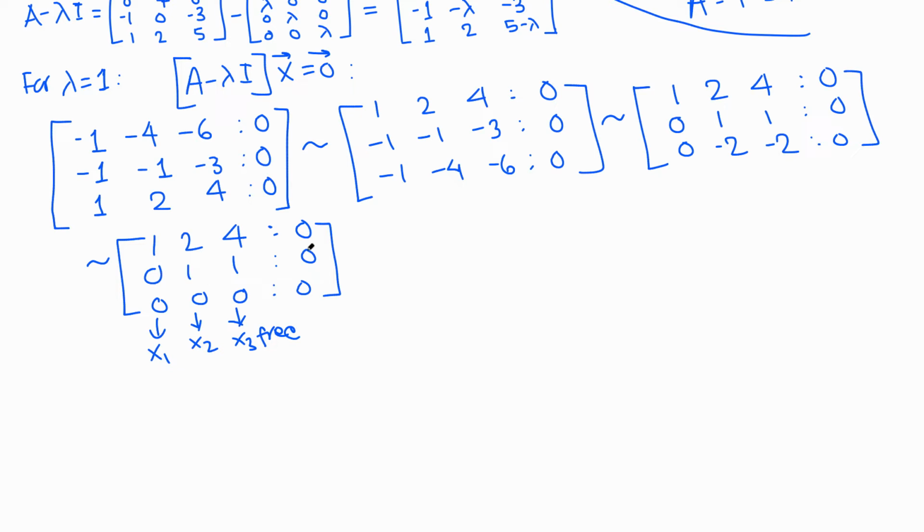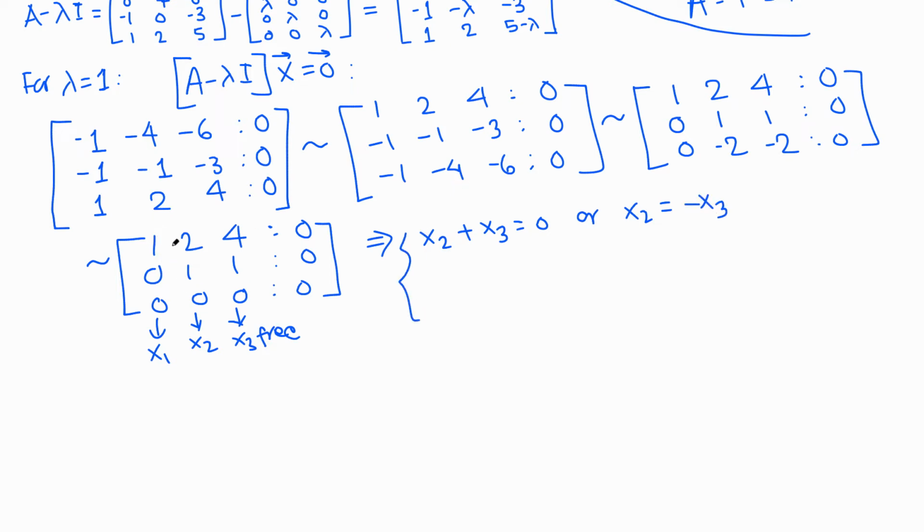From the second row, 1 x2 plus 1 x3 is 0, and x3 is just x3 because it's a free variable, so x2 equals negative x3, subtracting x3 from both sides.